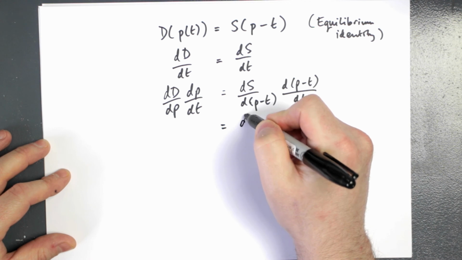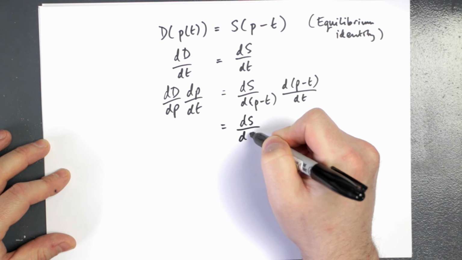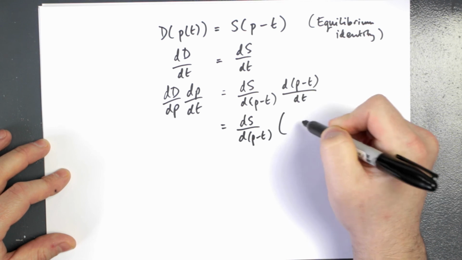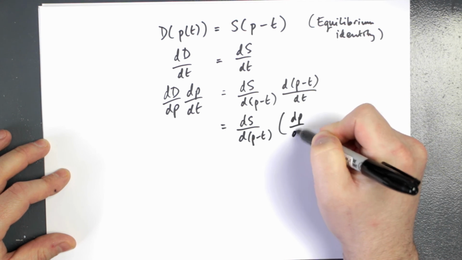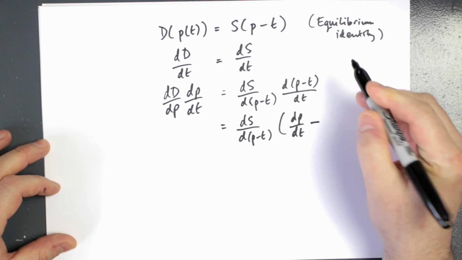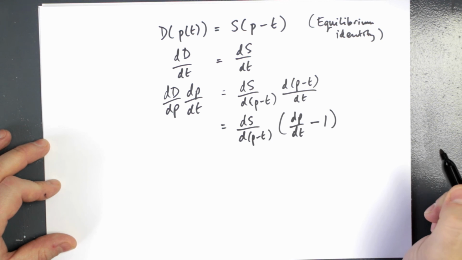And I can clean this up a little bit and write the derivative of supply at P minus T here. And then in brackets, I would have the derivative of price with respect to the tax minus the derivative of the tax with respect to itself, which would just be 1. Okay?